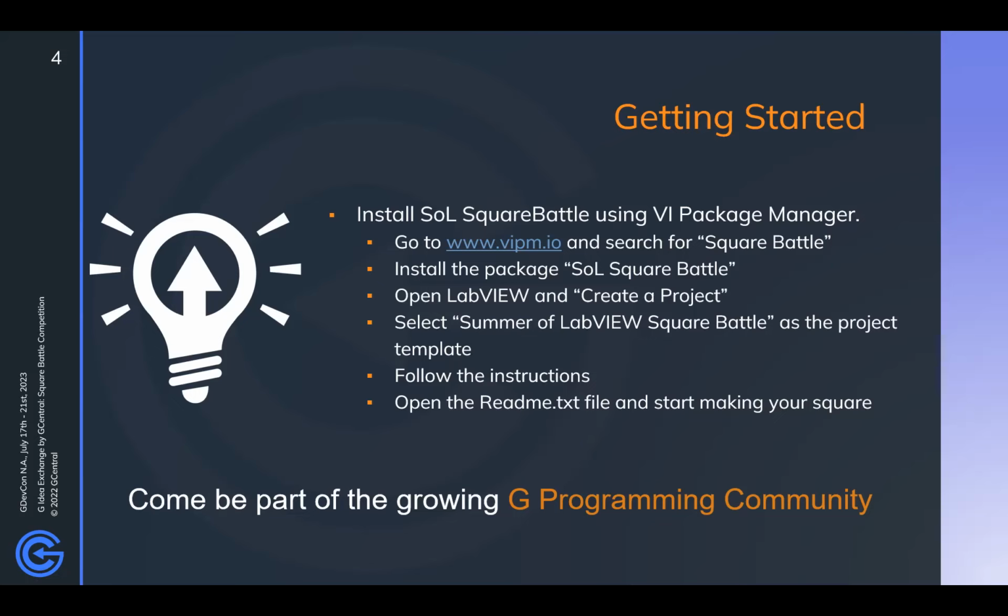Derek did a good job creating a provider in the opening, so when you click new project, it shows up as a template project that you can create, and then follow the instructions. There's a README file in there, and you can start making your square.